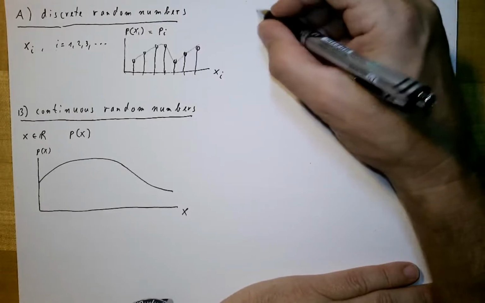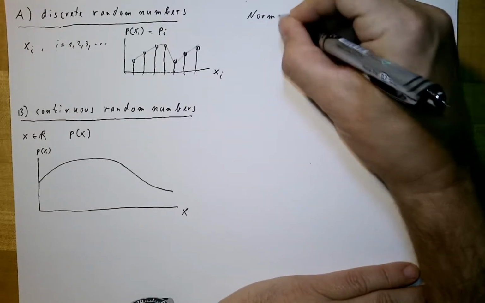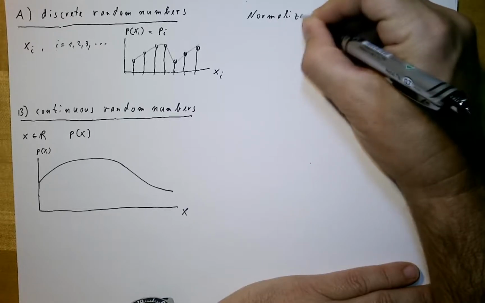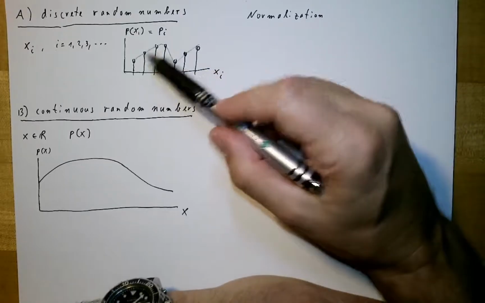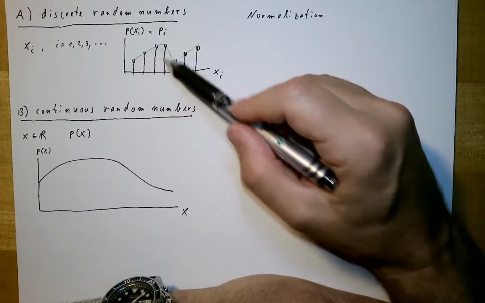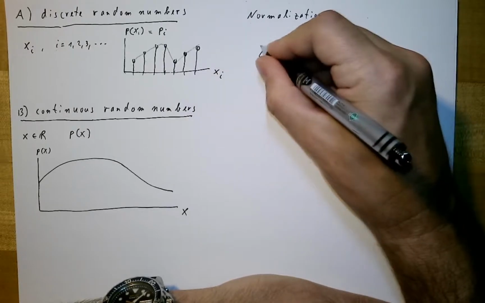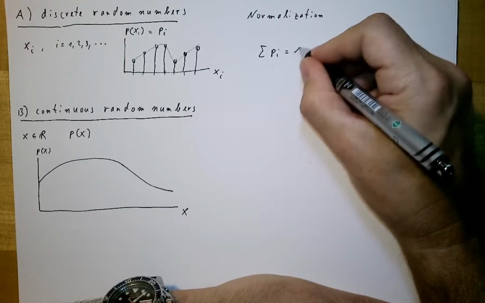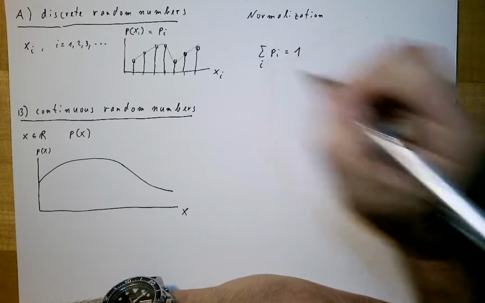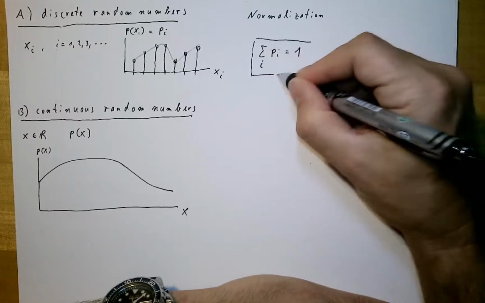So what do we mean by normalization? We know that the sum over all possible random numbers in the discrete case must be 1.